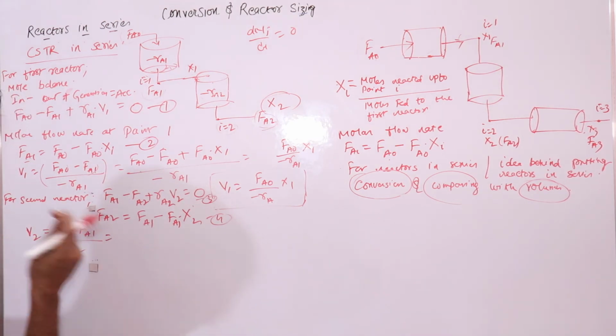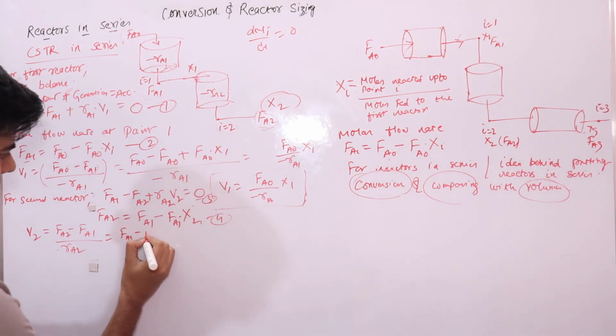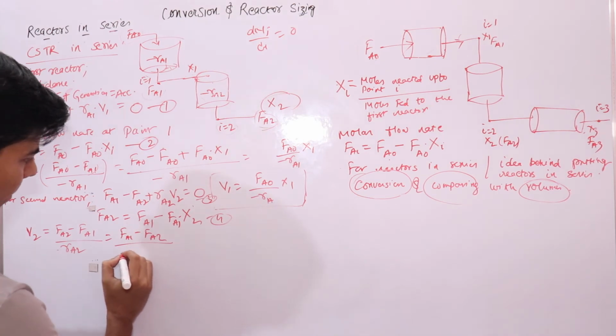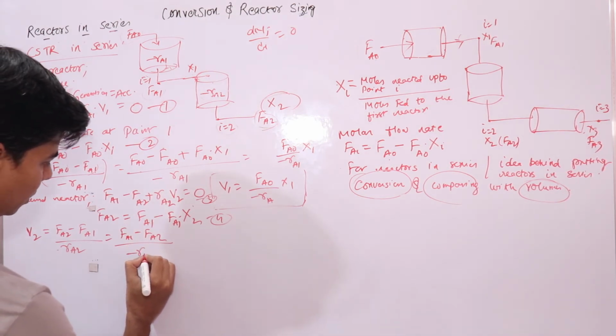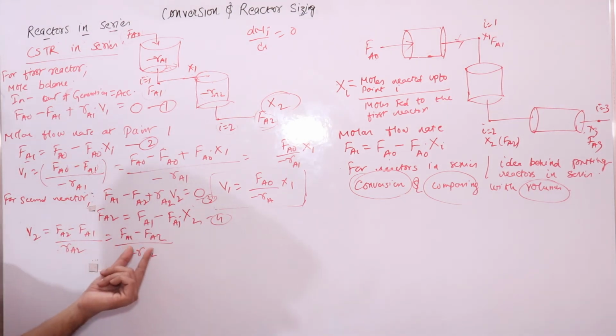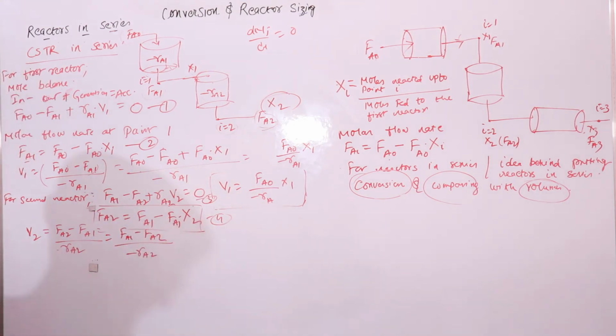Or what we can do is, if you look at this same equation, if I take this here, it will become Fa1 minus Fa2 would be minus Ra2 V, right? This is the expression for volume. Now Fa1, Fa2 you can just put from here.